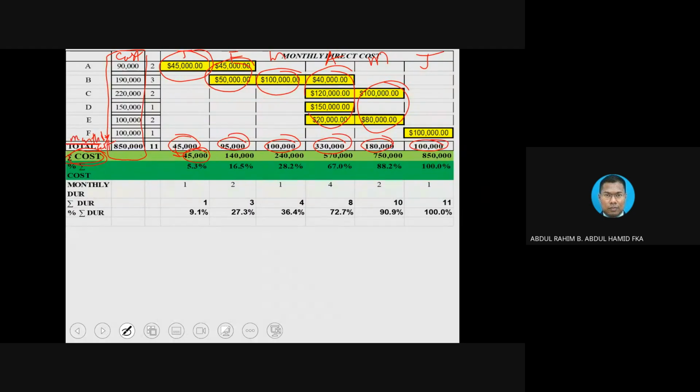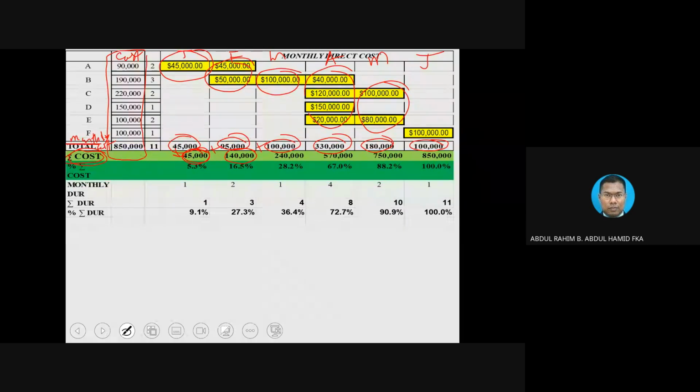So at the end of January, 45,000. And then at the end of February, how much is the cumulative amount? You just simply add 45 plus 95, equivalent to 140,000. If you are using Excel later on to do the cash flow calculation, you just simply put in a formula and it will calculate for you automatically.